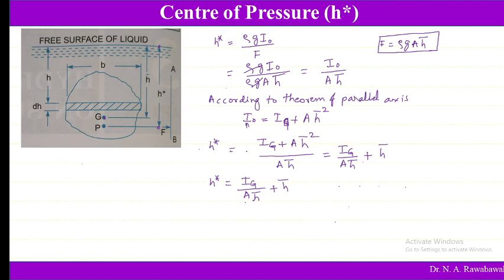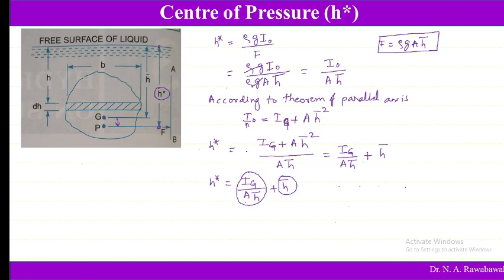So what we can understand from this equation is the center of pressure, which is at a distance of H star. So this H star is the sum of h bar plus something additional. That is nothing but the center of pressure is always below the center of gravity, because this H star is not equal to h bar, it is at some additional distance from the free surface. H bar plus something is H star.